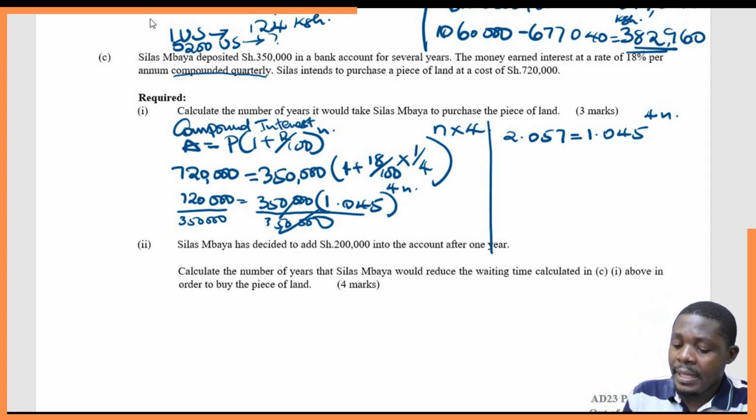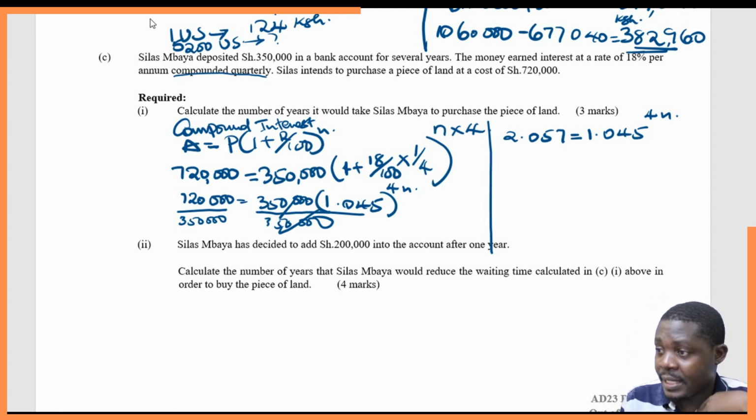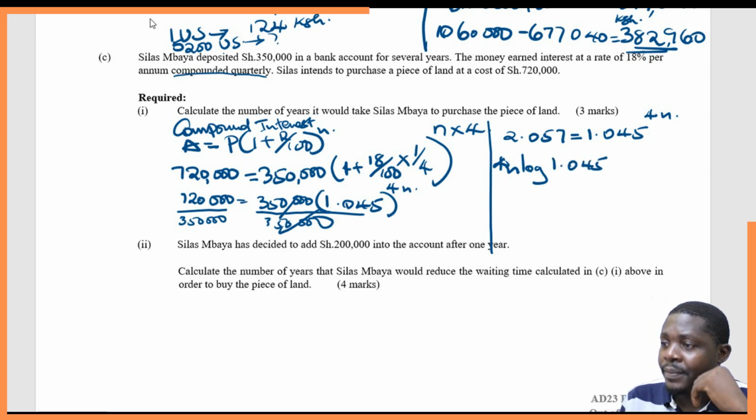Therefore, in logarithm form, I can say that 4n log 1.045 is equal to log 2.057.